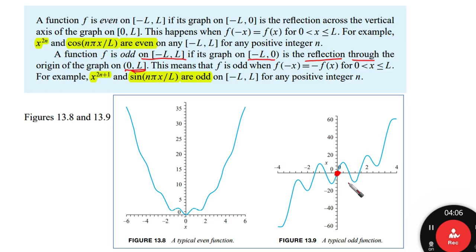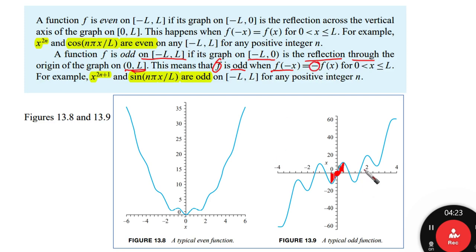So any part on the right of the origin, you are going to find another part with a negative value through the origin. This means that f is odd when f of minus x equals minus f of x.